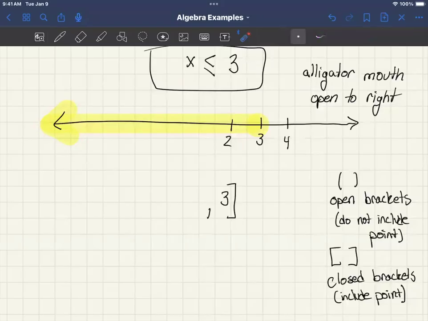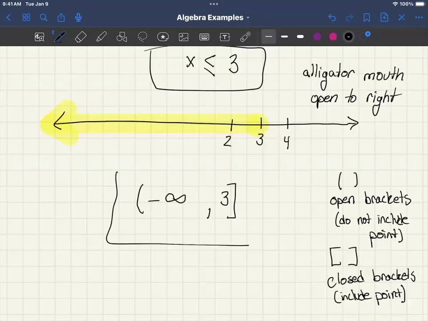It just keeps on going forever and ever and ever. So because it doesn't stop, we're going to put negative infinity here. And you might be tempted to do a closed bracket. Lots of students do. Keep in mind, whenever we're working with infinities, we're always going to have an open parenthesis at the end because infinity is not a point. Infinity is not a number. It is a magnitude or a size.